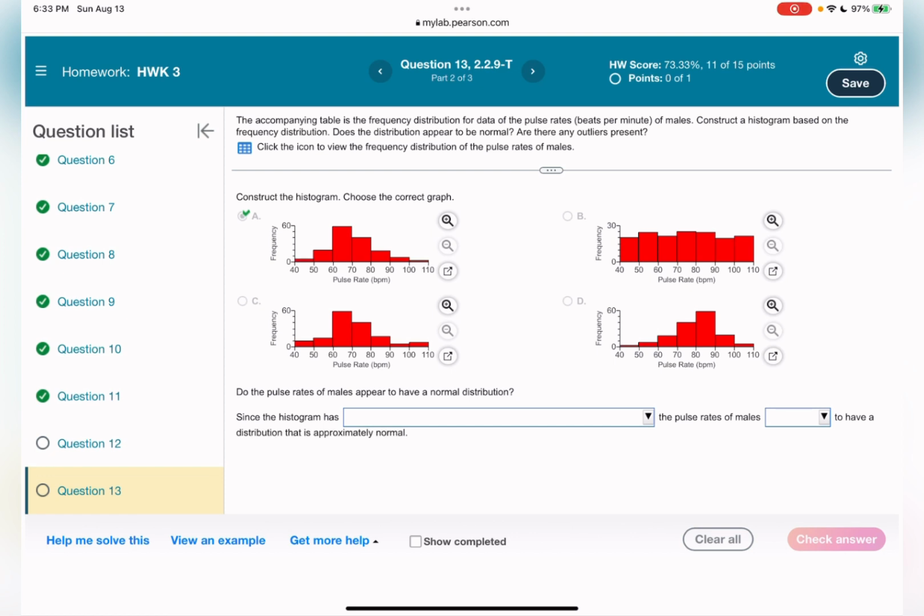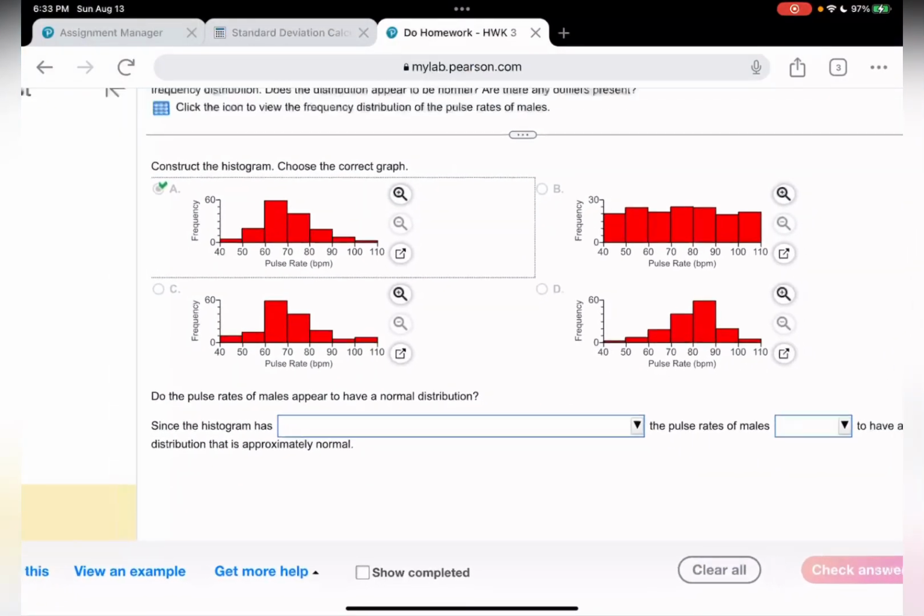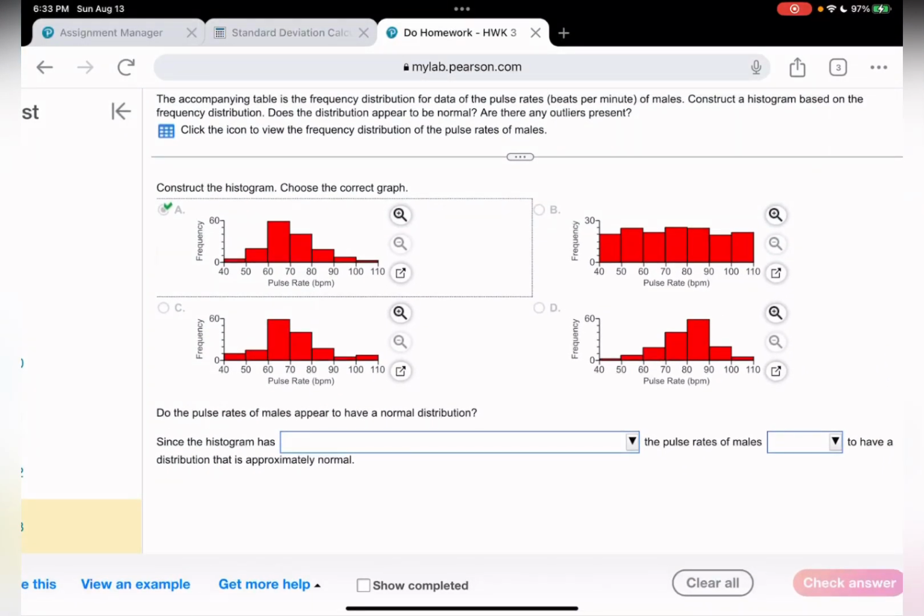So, do the pulse rates of males appear to have a normal distribution? Since the answer is A, normal distribution. What is the answer? Since the histogram has, what is our histogram? Is it bell-shaped? Well, we have data going down to the left and data going down to the right.